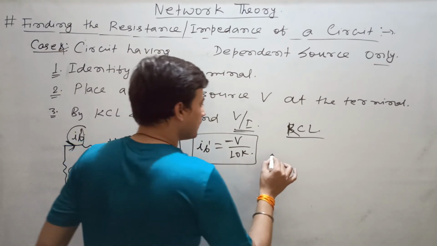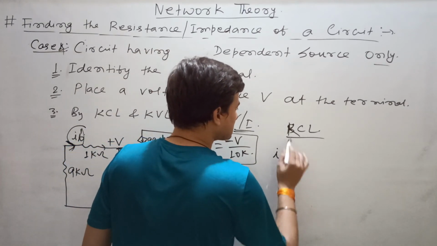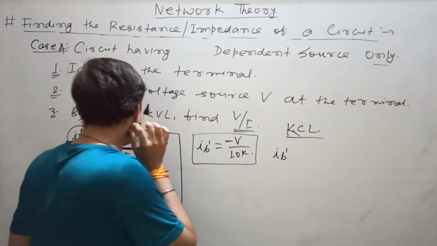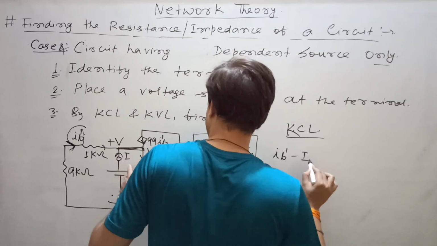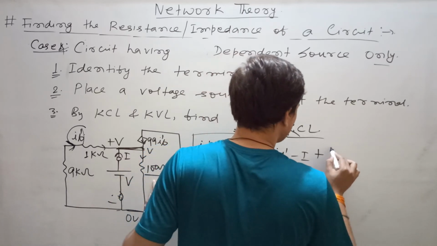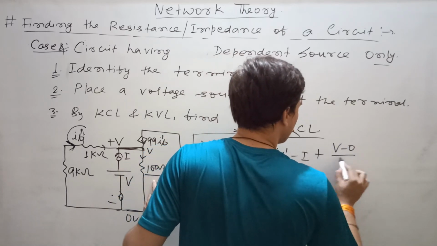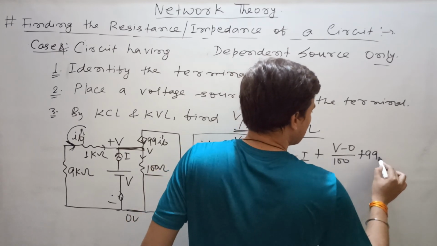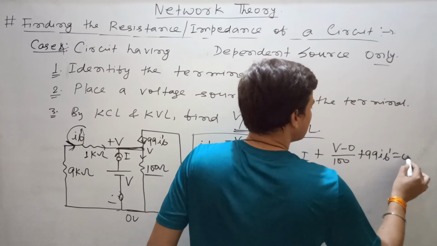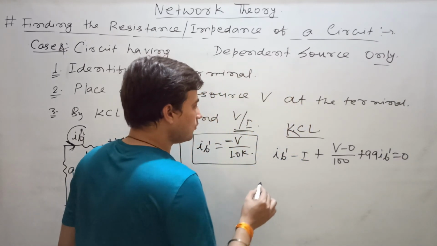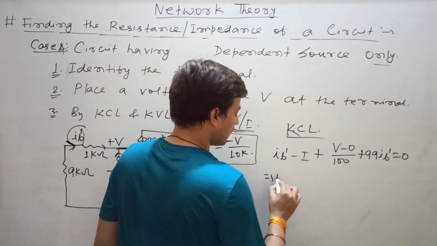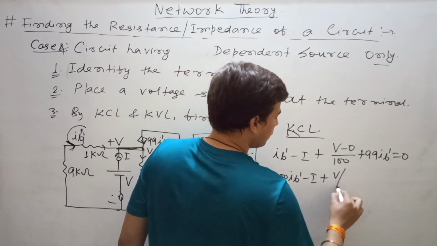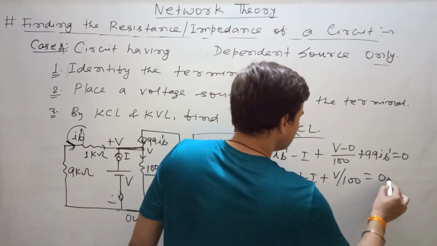So by KCL it will be IB dash, here it is incoming current, minus I, plus outgoing current (V minus 0) by 100, and plus here it is 99 IB dash. This will be equal to 0. So what do you write? 100 IB dash minus I plus V by 100 will be equal to 0.